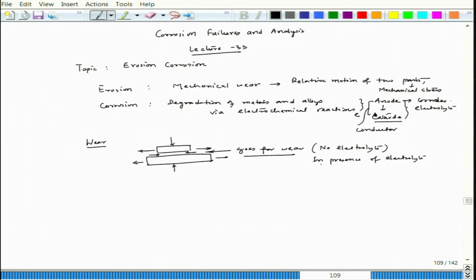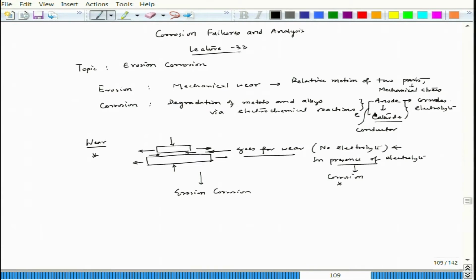So, when it happens in presence of electrolyte, of course, that time this corrosion factor gets associated. So, if we combine them, that would lead to erosion plus corrosion. But if we only consider the mechanical wear part, if there is no electrochemical reaction, then it is basically only simple wear or erosion.